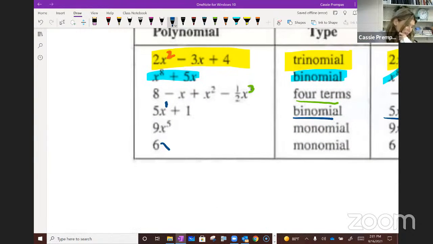So we could add in a variable of x to the 0, because 6 times x to the 0 is really 6 times 1. But it's not going to have a variable with an exponent. Okay, so 6 has an exponent of 1. Okay, that's what I was asking. Yes, I didn't really know how to ask.